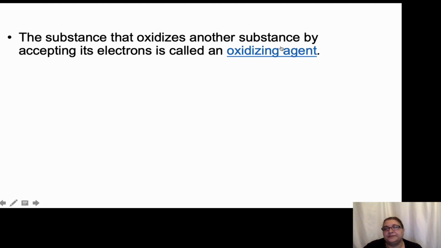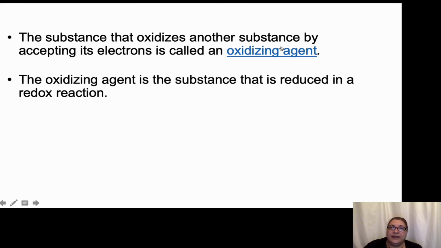Oxidizing agent. The substance that oxidizes another substance by accepting its electrons. Okay, whatever is being reduced is really an oxidizing agent, because it accepts the electrons.